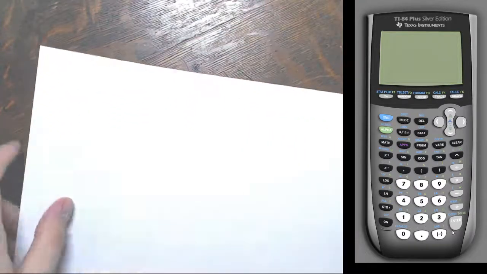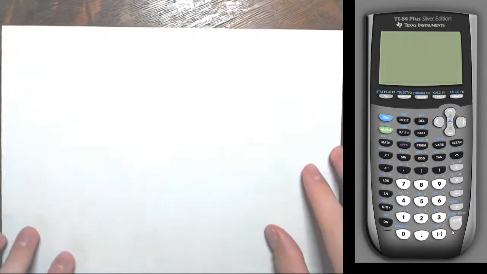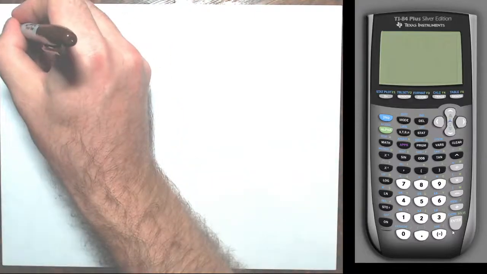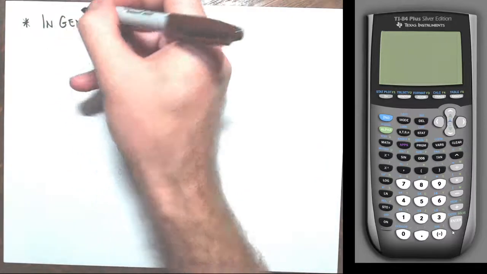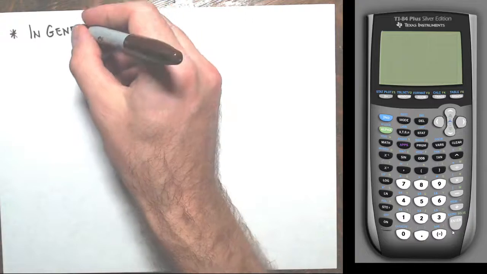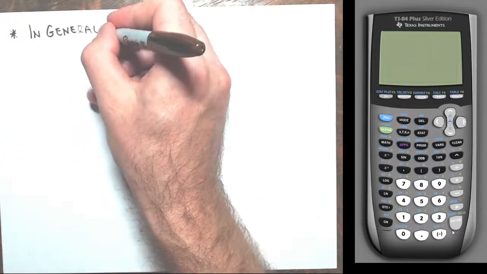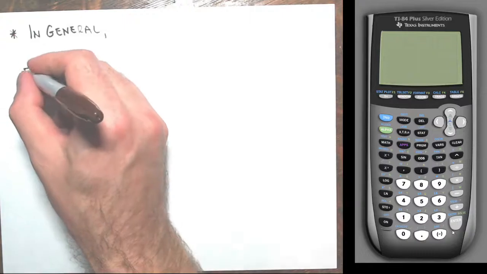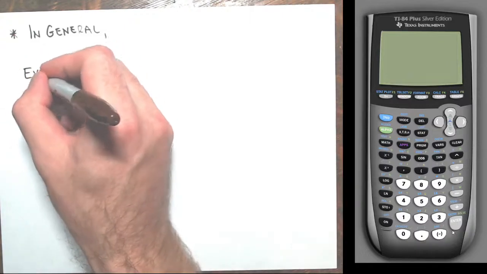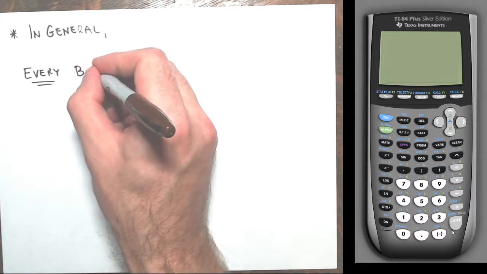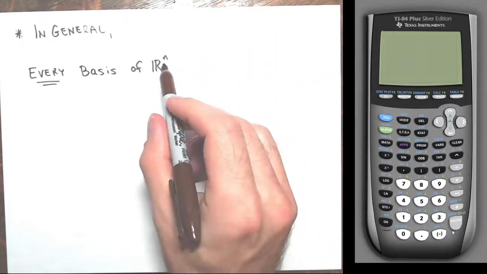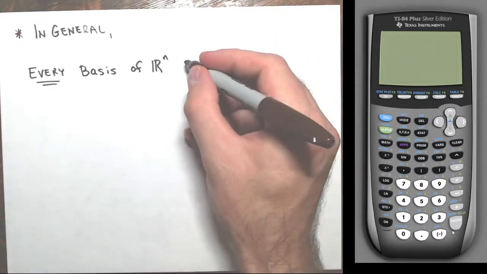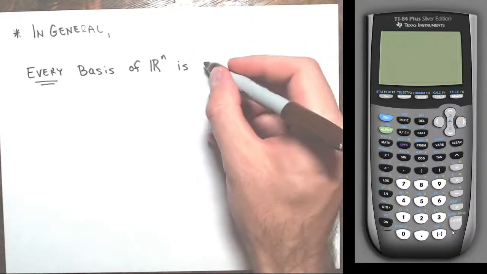And I'm going to write this in general, for Rn. So this is a really general statement right here. In general, for Rn, so R2, R3, R4, R5, etc., every basis of Rn, the n-dimensional Euclidean space, is a set of n vectors.